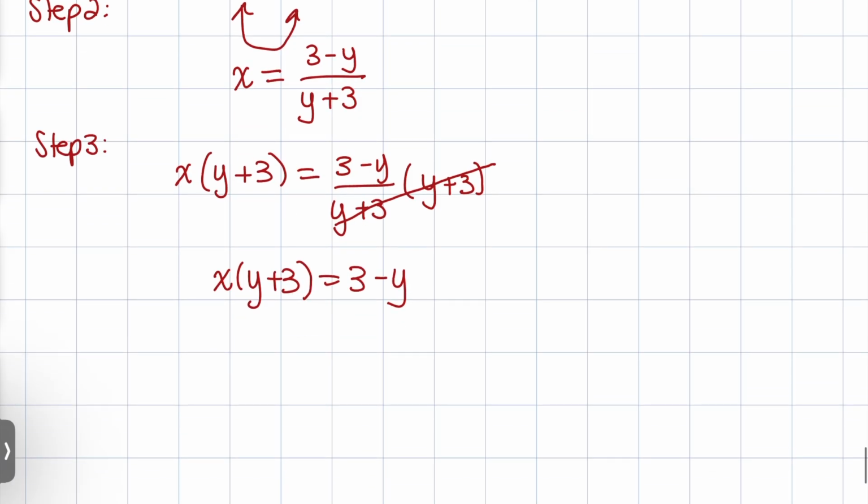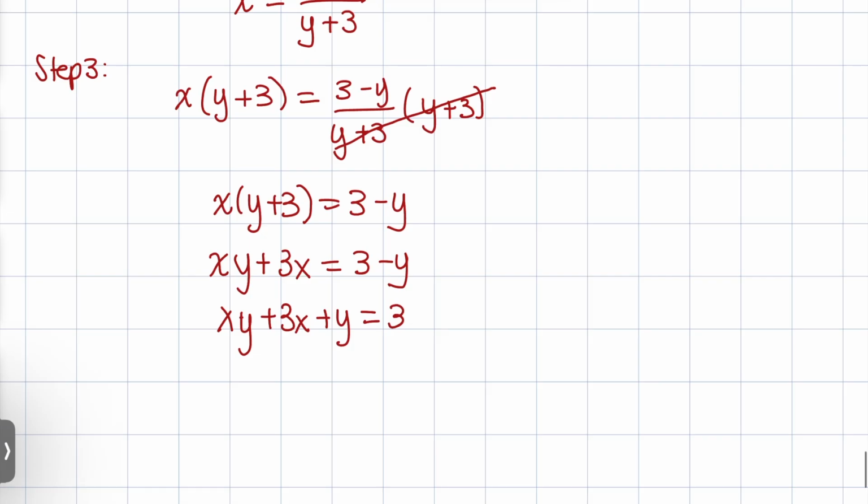Now I'm going to distribute this x through. So I get xy plus 3x equals 3 minus y. I'm going to add this y over. So I get xy plus 3x plus y equals 3. And now I'm going to move this 3x over. So I get xy plus y equals 3 minus 3x.